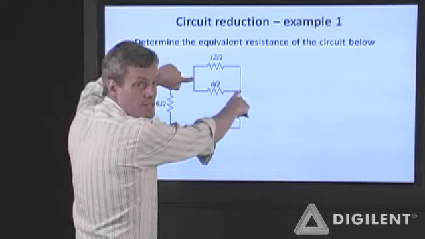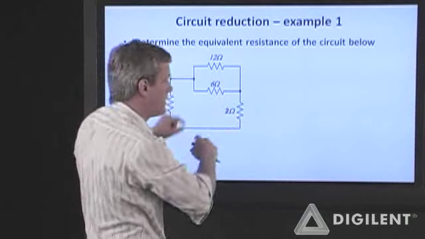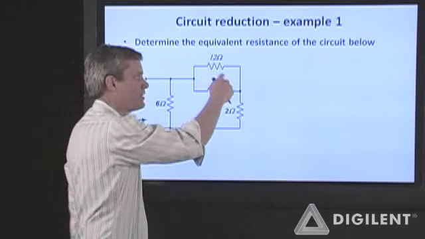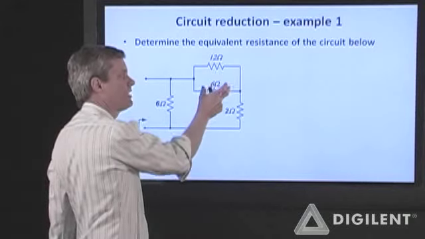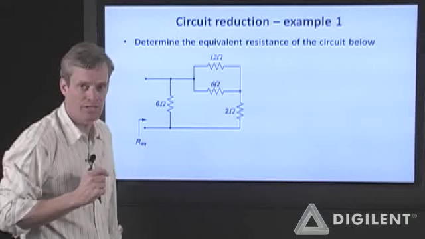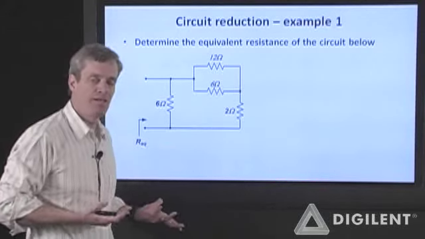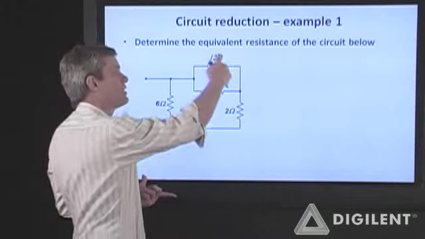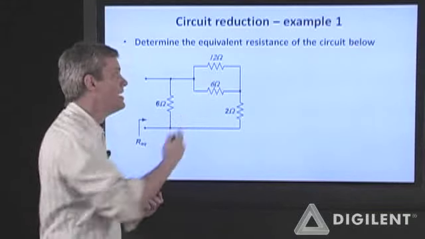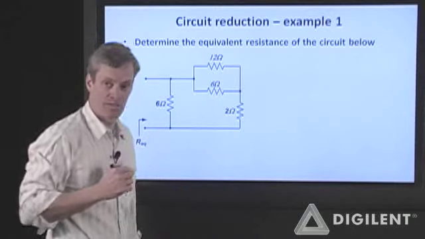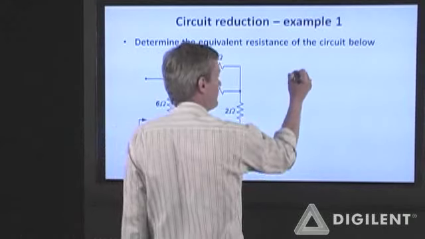These two resistors here look like they're in parallel. They share the same voltage drop. If I did KVL around this little loop, I'd find out that the voltage across this one is the same as the voltage across this one. Nothing else about this circuit leaps out at me as being in series or parallel, so I'll go ahead and combine these two. Then I'll add that equivalent resistance back in there and see what other simplifications I can do.